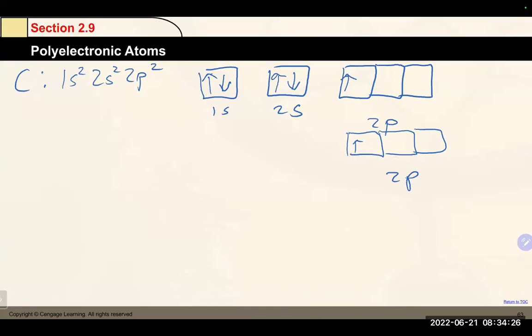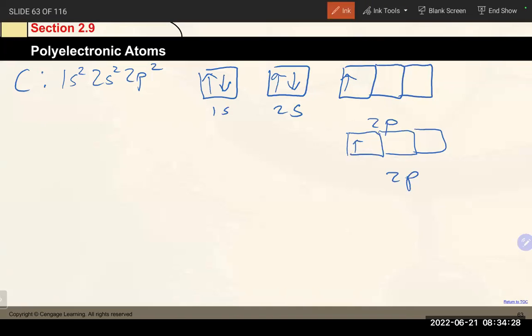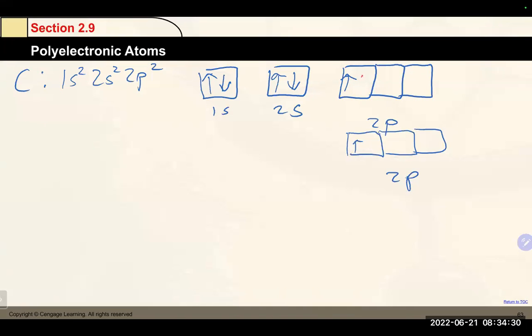We could, if we wanted to, perhaps put it here. We could put it here. And I guess you could put it on the other side. So these are two options, and let's talk about which one is the right option here. And the right option is going to be this particular one.